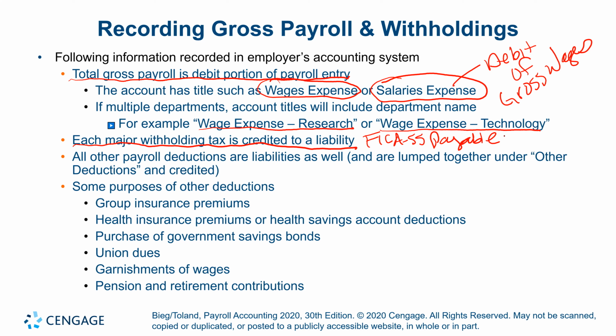All other payroll deductions are liabilities as well and are lumped together under other deductions, which is credited. So some purposes of other deductions: group insurance premiums, which we're going to talk about more, health insurance premiums or health savings account deductions, purchase of government savings bonds, union dues, garnishment of wages, pension and retirement contributions.